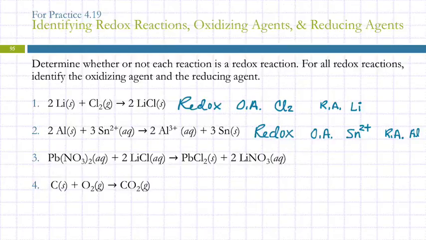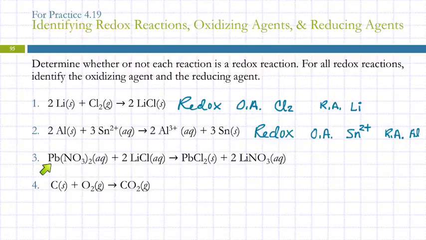3, is this a redox reaction? There's ions involved. Are any of the ions changing their charges? No. This is one of those precipitation reactions. Lead and nitrate went to the party. Lithium and chloride went to the party. They swapped partners, and lead and chloride went off by themselves.